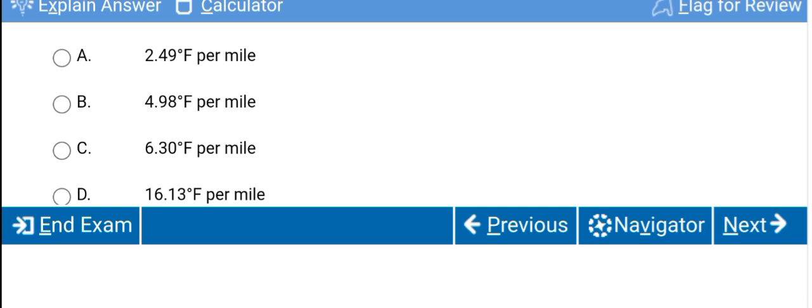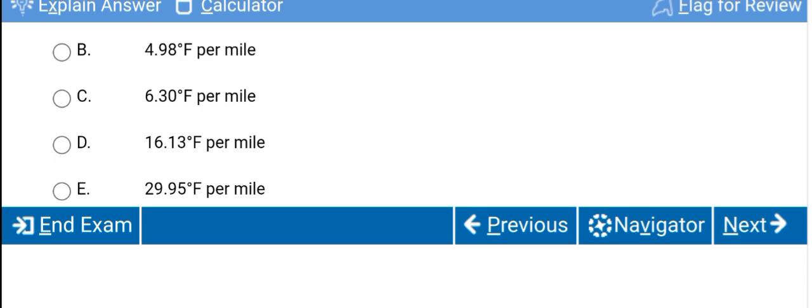Option B, 4.98 degree Fahrenheit per mile. Option C, 6.30 degree Fahrenheit per mile. Option D, 16.13 degree Fahrenheit per mile. Option E, 29.95 degree Fahrenheit per mile.